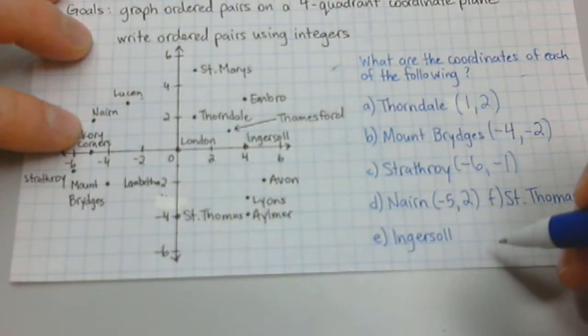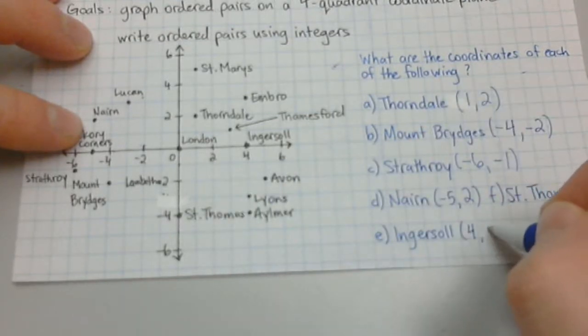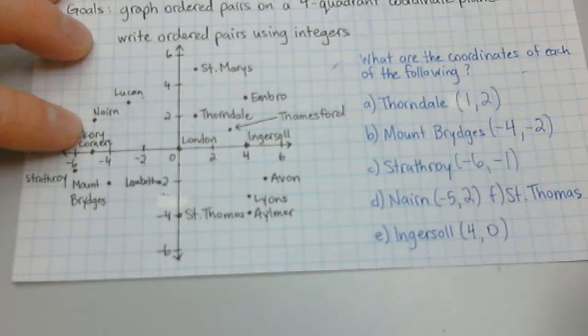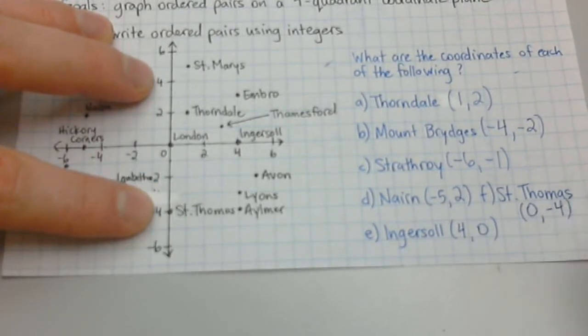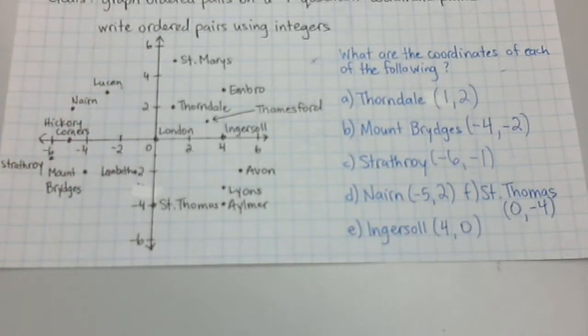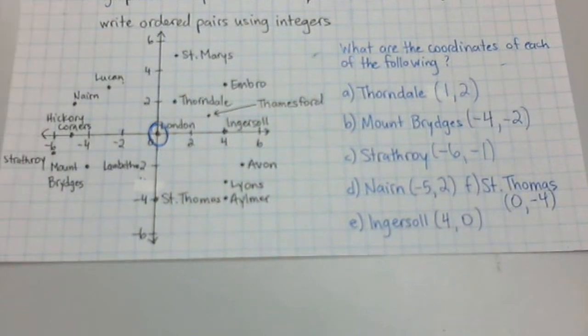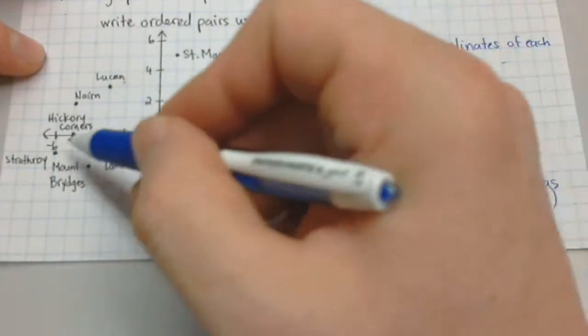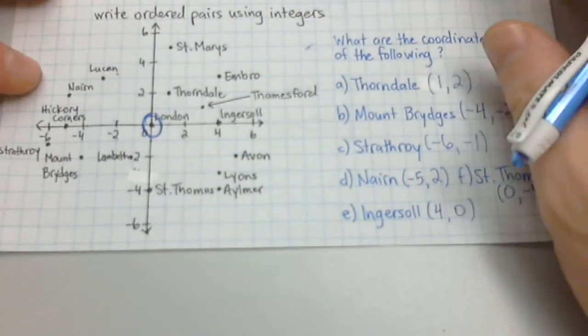Okay, so it's negative 5, 2. Ingersoll is 4 to the right, and it's not up or down any, so it's 4, 0. And St. Thomas is not to the right or left at all, so that's 0, but then it goes down 4. So down in this case means negative, so it's 0, negative 4. Okay, so always start at the origin and then go along the x-axis first and then figure out up or down along the y-axis. Okay.